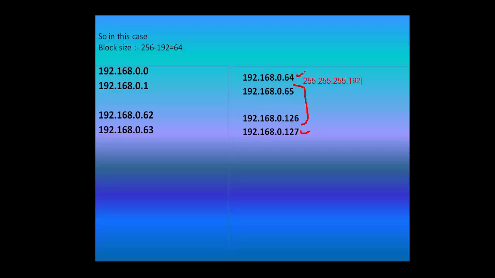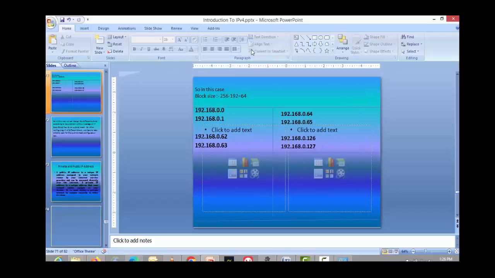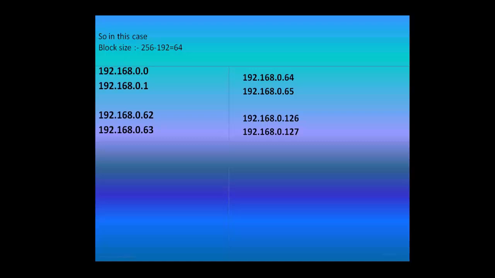So you can configure this IP series with this subnet mask where we require the 60 valid IPs.